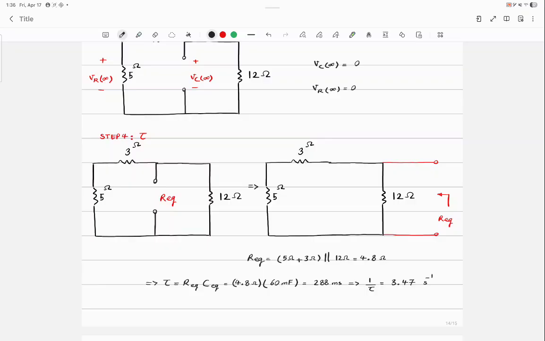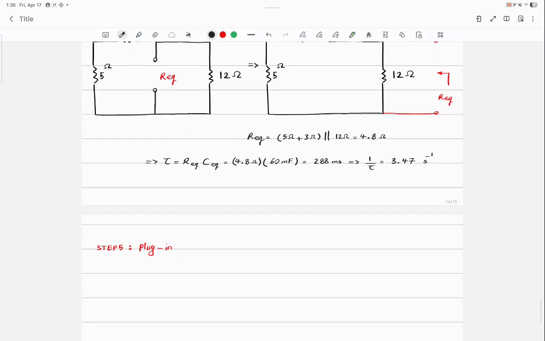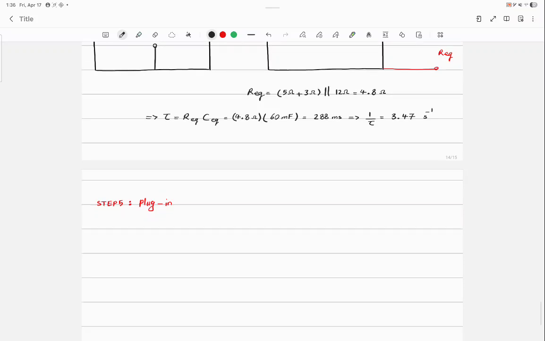Second inverse. Plug in. How many Y's? 2. What is the first one? VC of t. Tell me the values. What is VC 0 negative? 2.93.